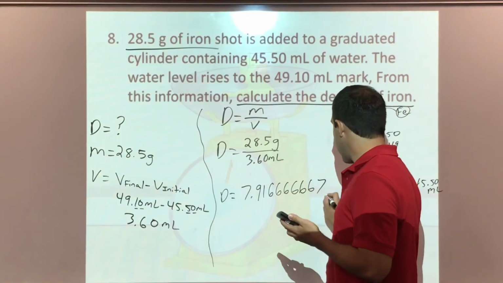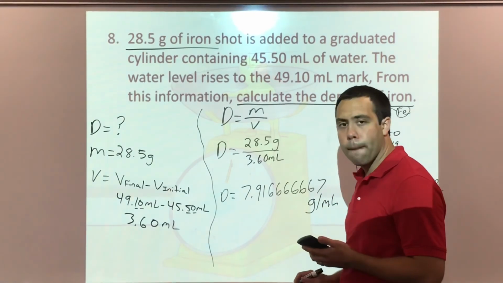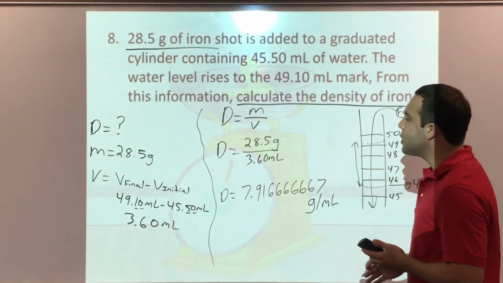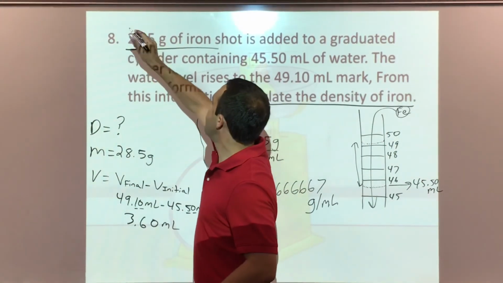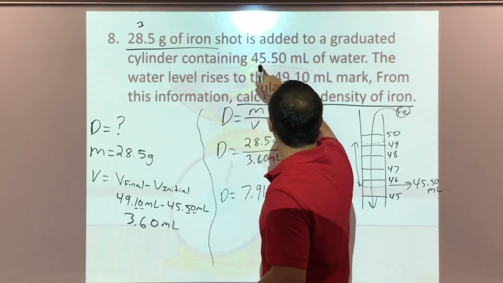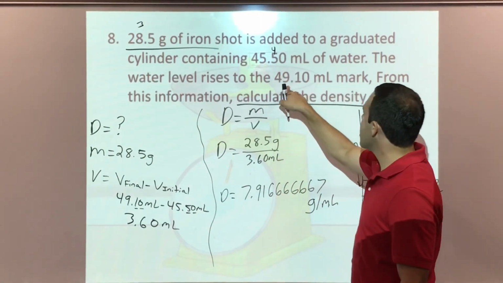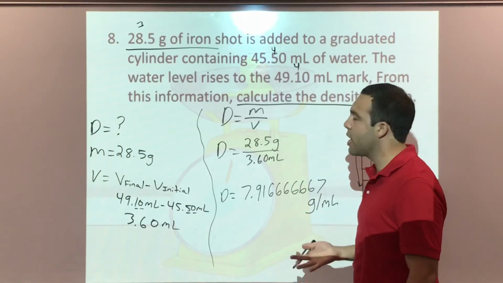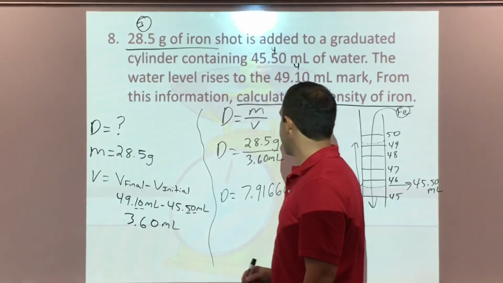Our units are grams per milliliter. And then our final step is to determine the number of significant figures. 28.5, 3 significant figures. 45.50 is 4 significant figures. And 49.10 is also 4 significant figures. We're dividing, so the least number of significant figures is 3.